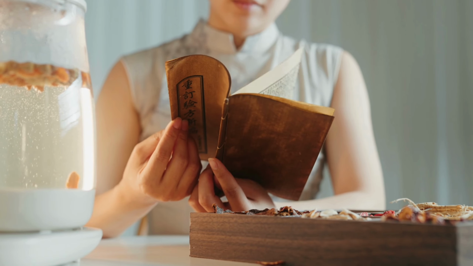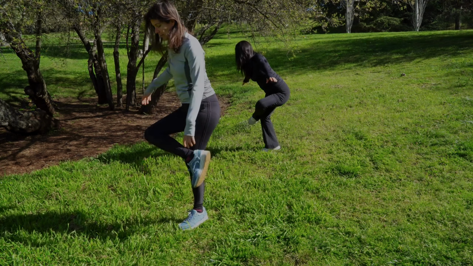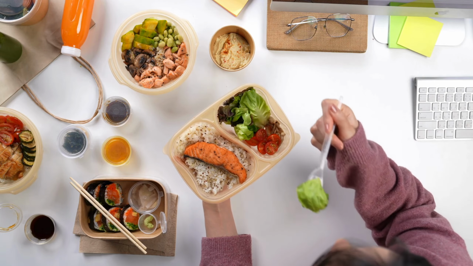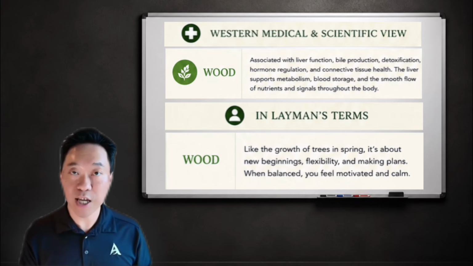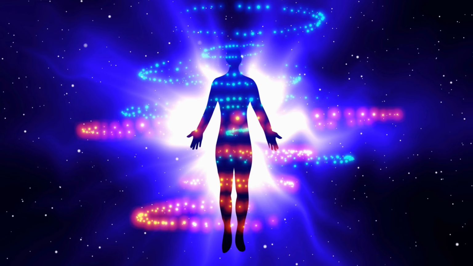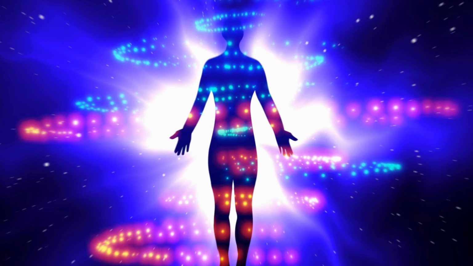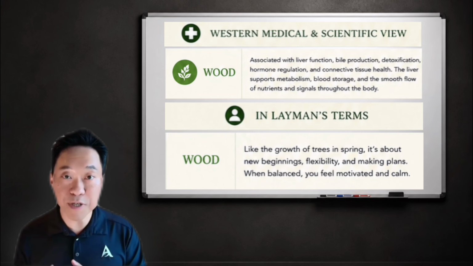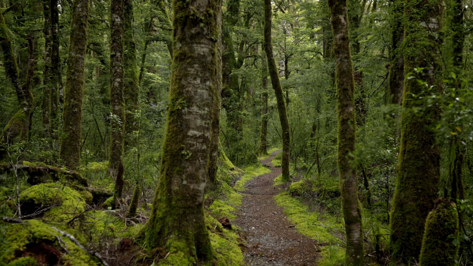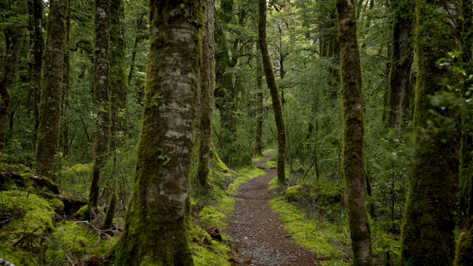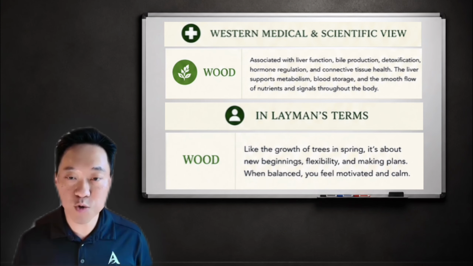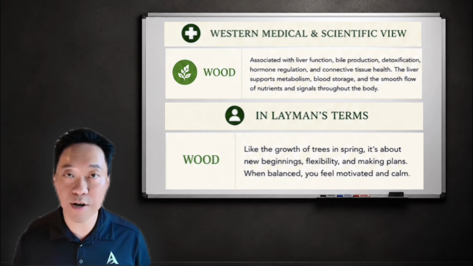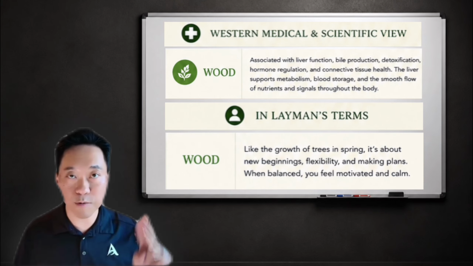It's about teaching you the lifestyle habits and the dietary habits you can change if you want to fix it, so that your body can regulate your emotions by itself. Okay, so how does it do that? It focuses on the organs of the wood element. The organs of the wood element are the liver and the gallbladder. So if you can restore the function of your liver and gallbladder, your anxiety and depression will go away.